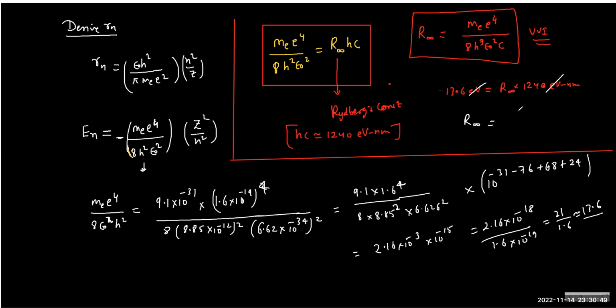So you get 1 by 1240 nanometer, which means 10 power 9 upon 1240.